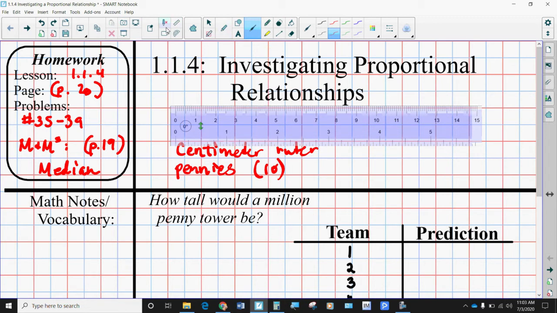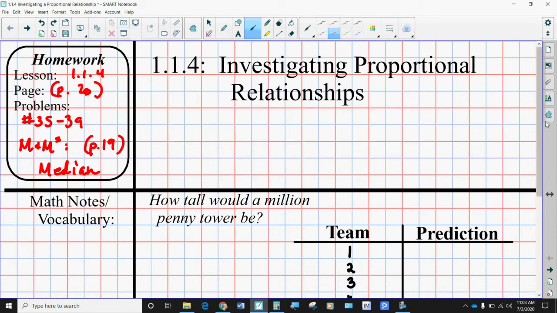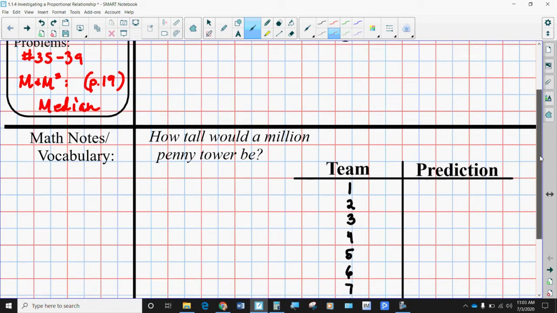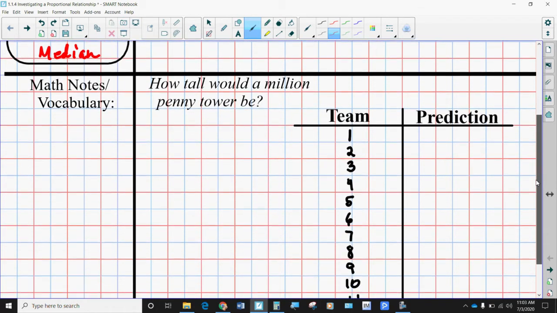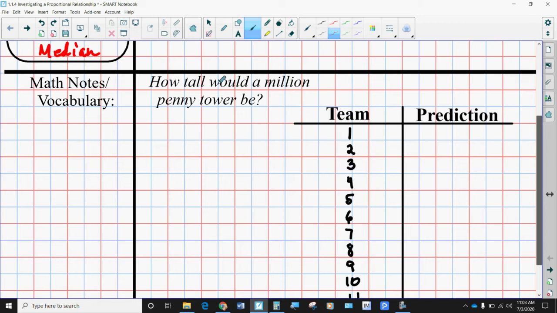So what we would do here for this lesson is first thing I like to do is have groups predict how tall a million penny tower would be. So if you stacked up 1 million pennies, one on top of the other, how tall would it go?